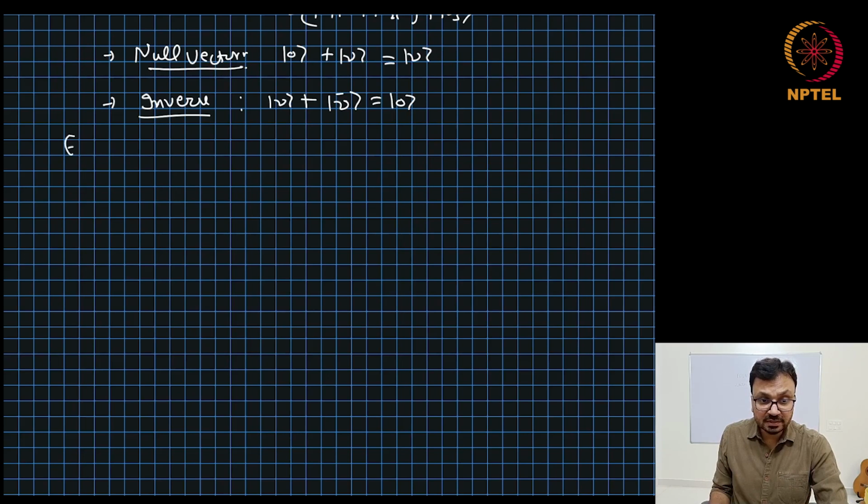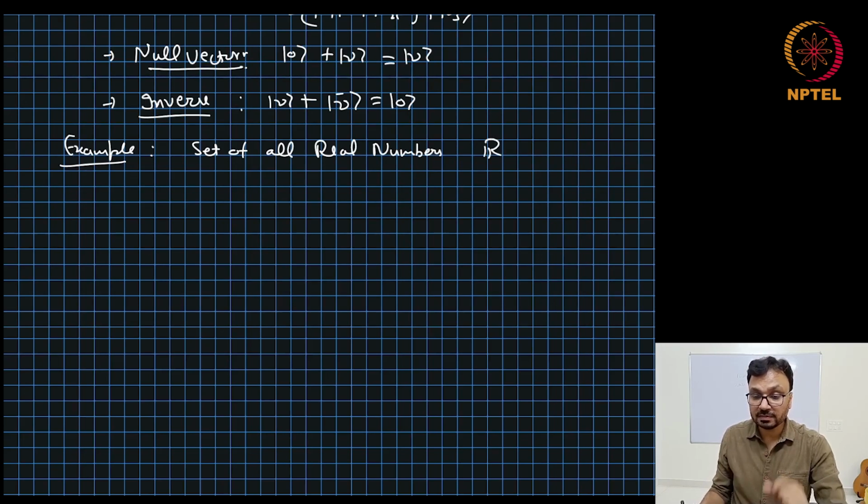To understand it better, let's take examples. The set of all real numbers, represented by R, and these are scalars. This set forms a linear vector space over the field of real numbers.